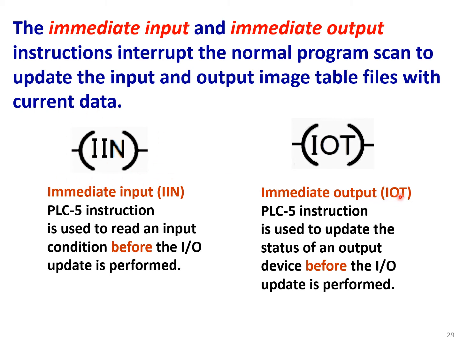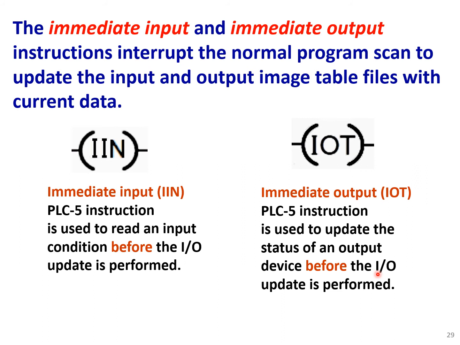The immediate output, or IOT, PLC instruction is used to update the status of an output device before the IO output update is performed. Normally outputs are updated at the last stage of scanning, but sometimes we want to update a specific output or all outputs before reaching that stage.